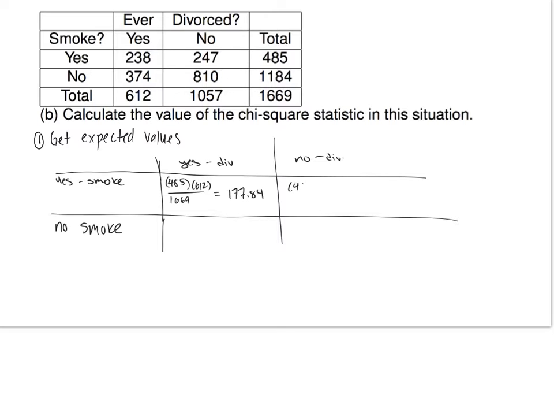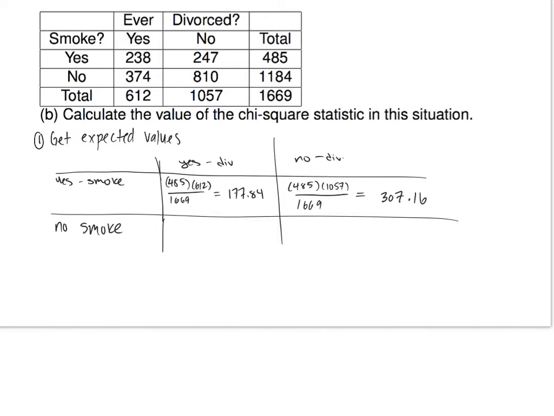Next is 485, 1057 over 1669. That gives us 307.16. You'll believe me, right? Because I'll do those calculations if you had to, with a calculator, of course.